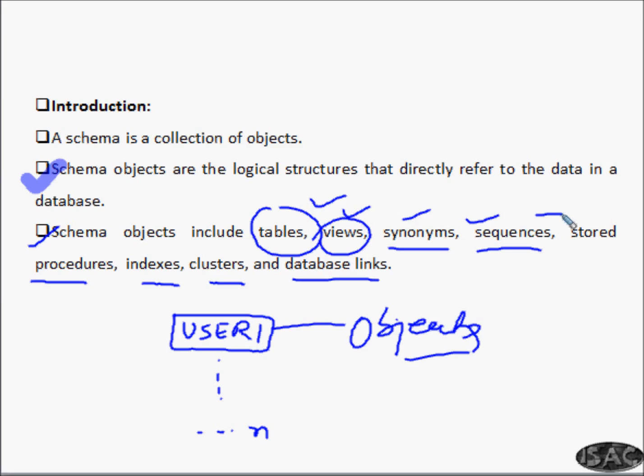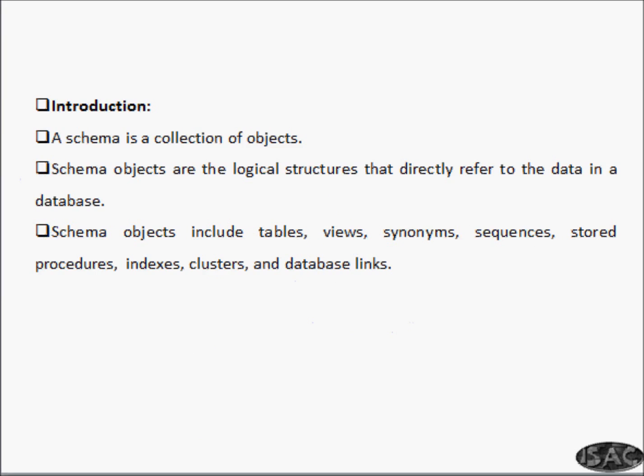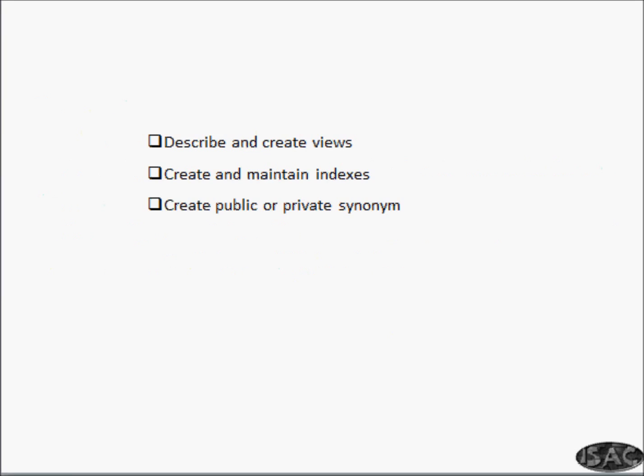So let us understand some of these objects here. We'll understand what a view is, how to create a view, how to alter a view, how to drop a view, and how to make complex views. How to insert and delete data through a view, how to create and maintain indexes, what the use of an index is, when to create an index and when not to create an index.